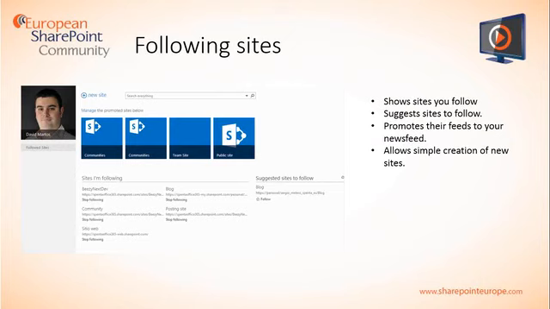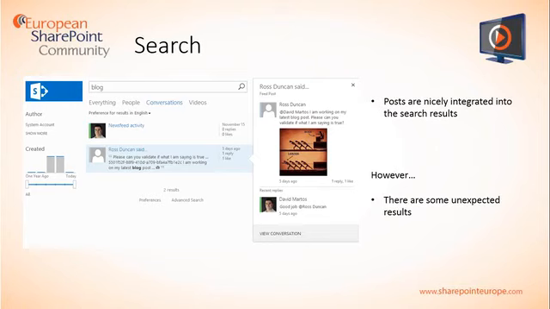I think I also want to highlight, related to social, although it's not really social, is search. There are a lot of improvements regarding search in SharePoint 2013, especially because they integrated FAST into the system, that it's a great search application.